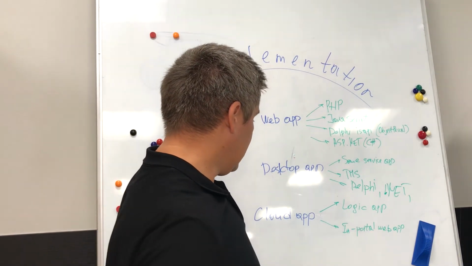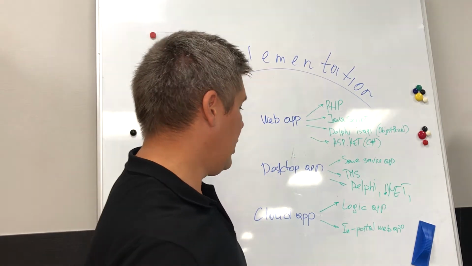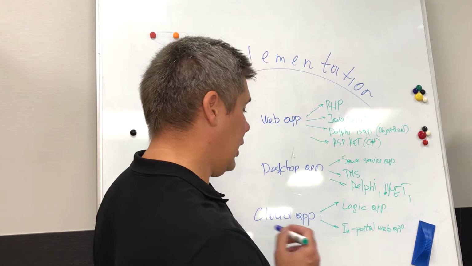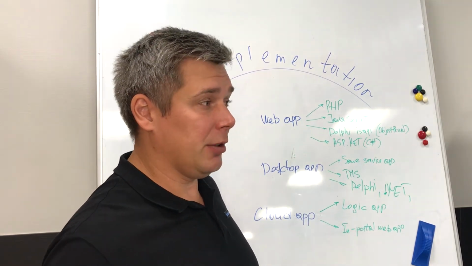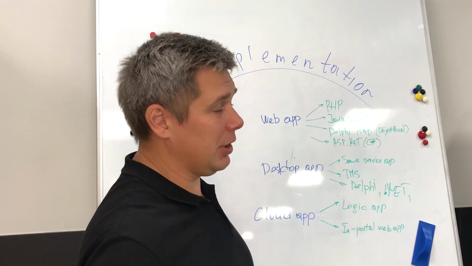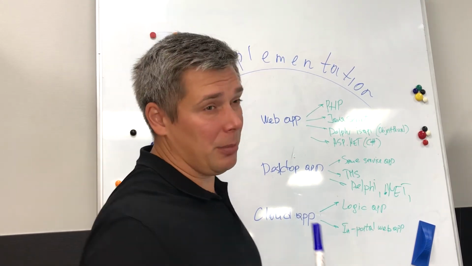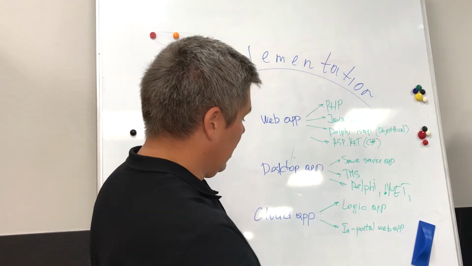Also, it can be implemented as a cloud application. Cloud applications have different cloud services and products, and the cloud suggests you implement your software and web software in a little bit different manners, and maybe in future episodes we will discuss this.